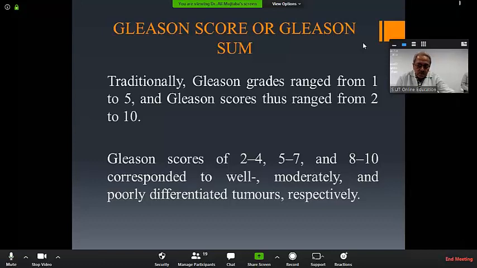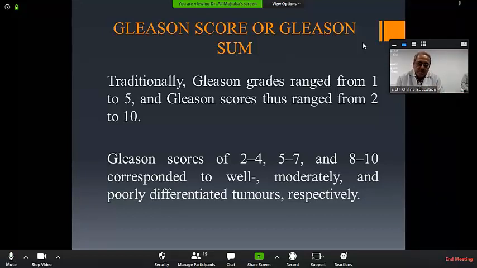So at this moment, for all of you to understand, we do Gleason grading and we do Gleason scoring. How we do it, that is a separate topic. But whenever we have done the Gleason grading, then these grades are actually grouped into three different groups. And these are the three groups which you are seeing. So it's the score and the grade and the groups.